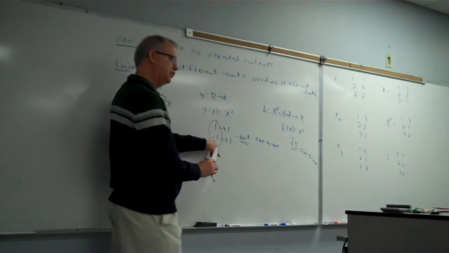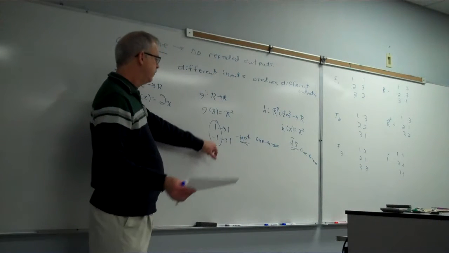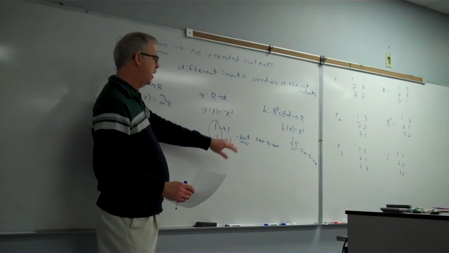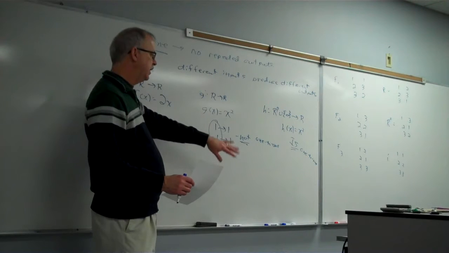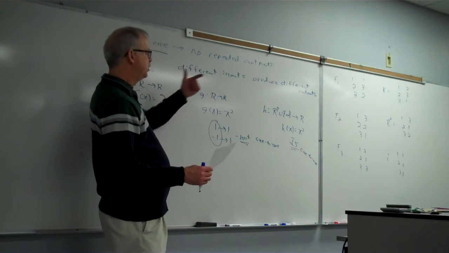Because I threw out the negatives. In fact, for every negative, there's a corresponding positive that does give us the same output. So I just throw out all the negatives, I get rid of that problem of outputs being repeated.